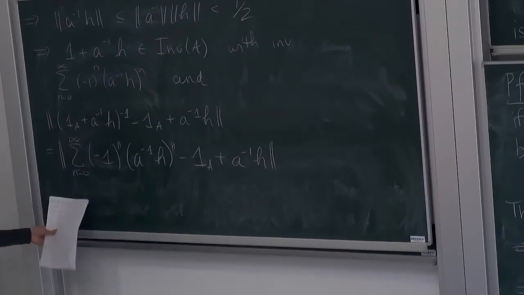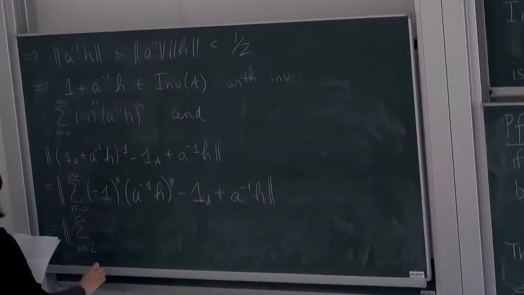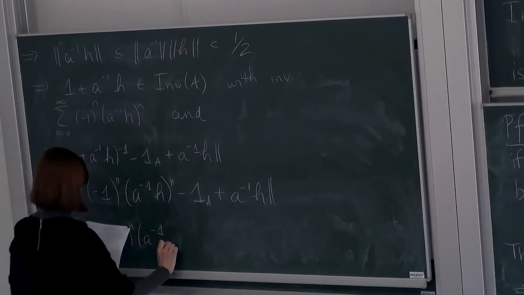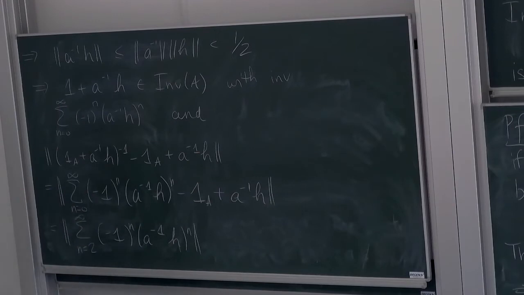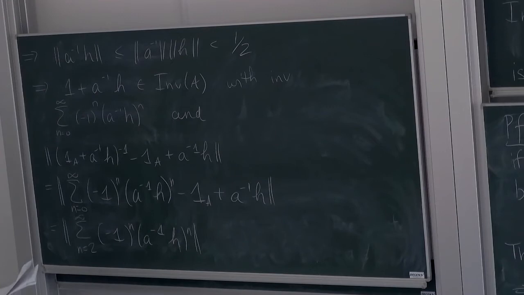And what is this? This is just, okay, and then we already know an estimate on this guy. So we can just take out this sum and we get a geometric series.